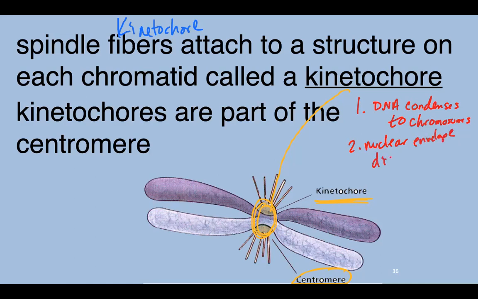Envelope disappears. 3, centrosomes appear and move to opposite ends. And 4, the spindle fibers form. Okay, so all of that happens.